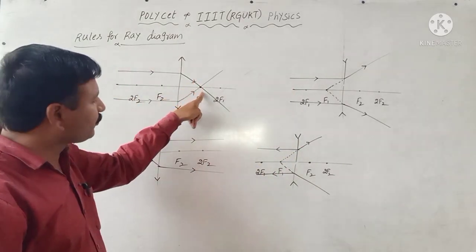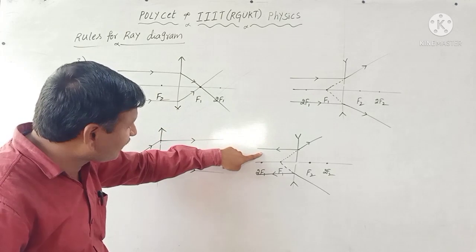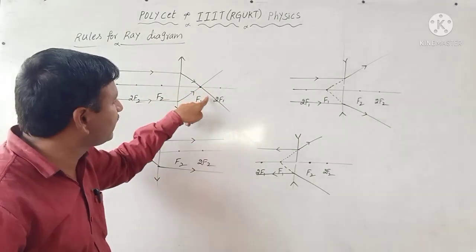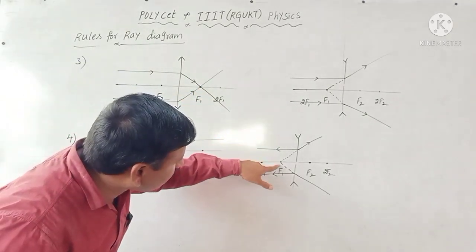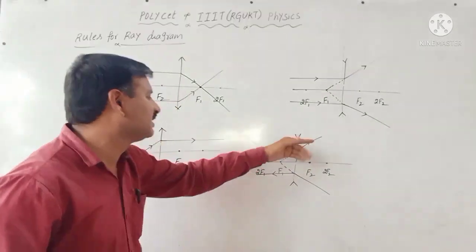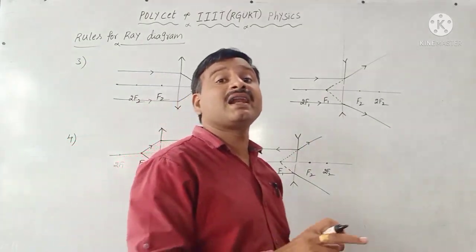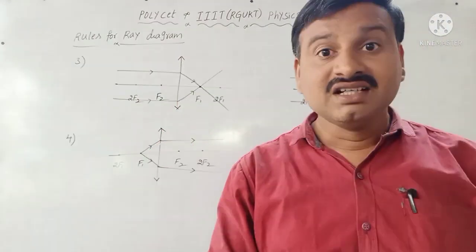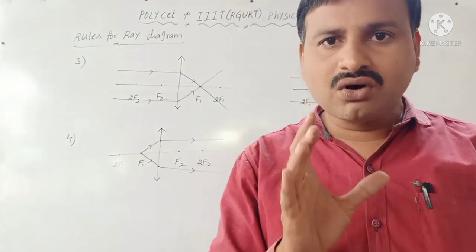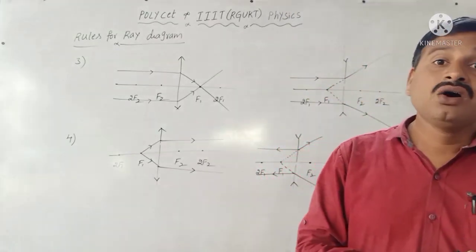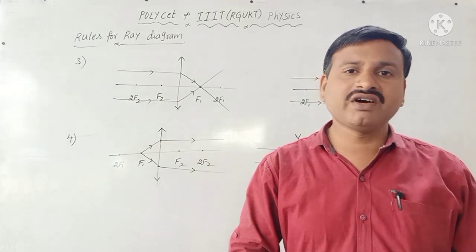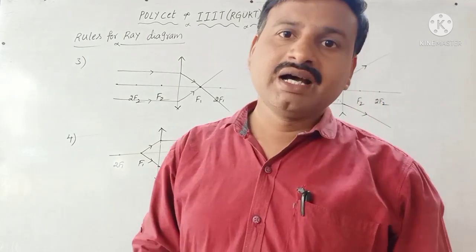But this one is the opposite of rule 3: a ray passing through the focus, after refraction, passes parallel to the principal axis. These four rules are generally used for ray diagrams.